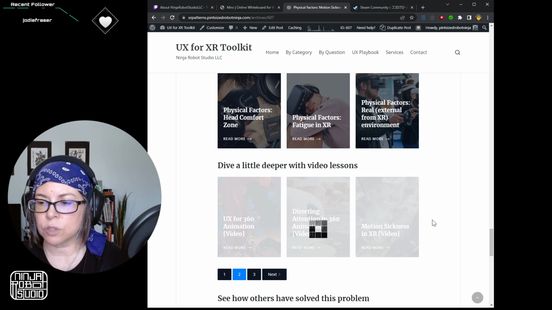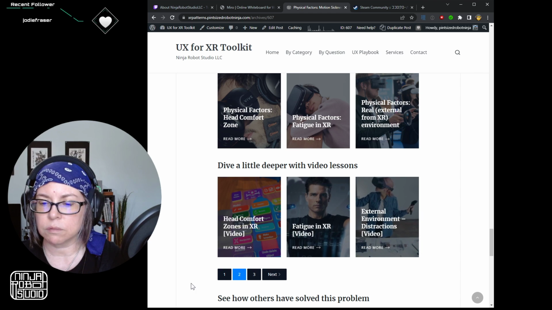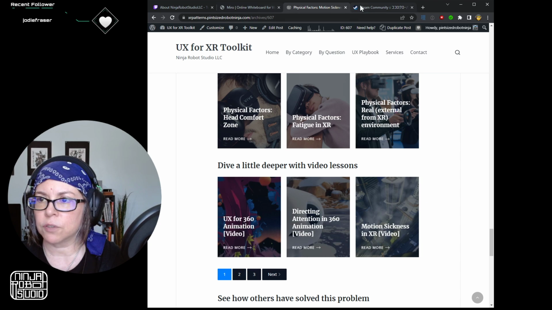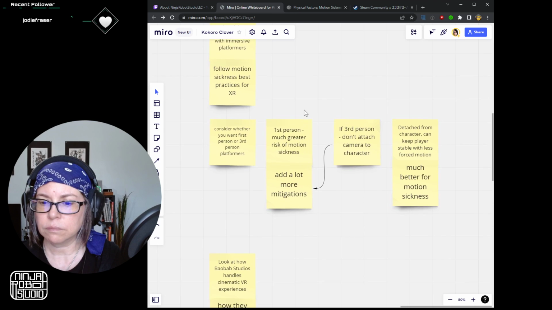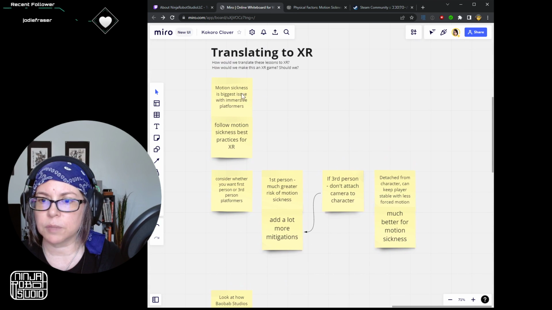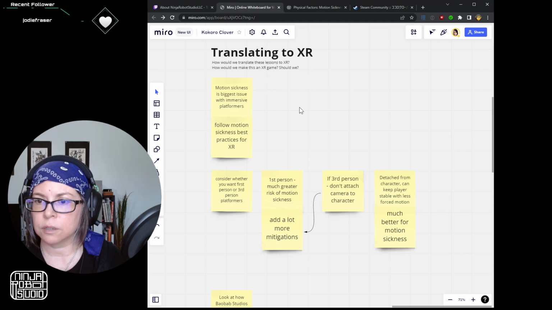these. And then external distractions are where we talk about, I think, auto progression and stuff. That's especially something that you want to think about if you're doing XR.